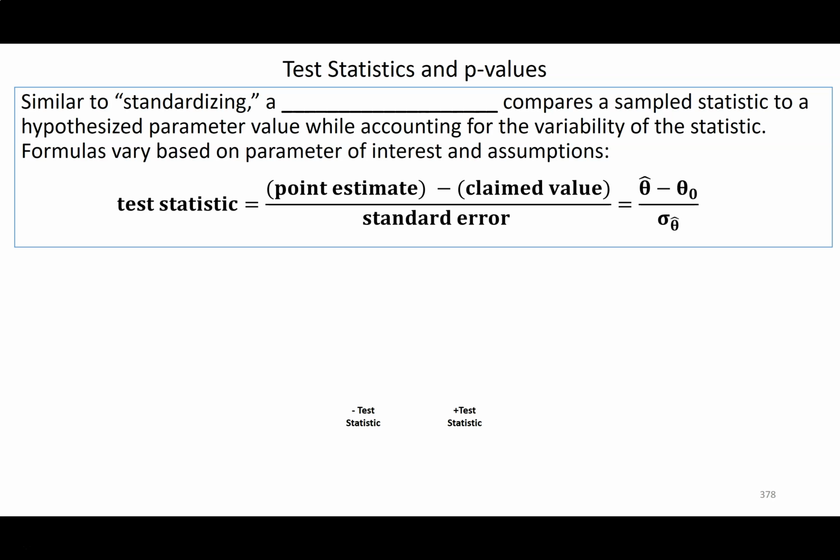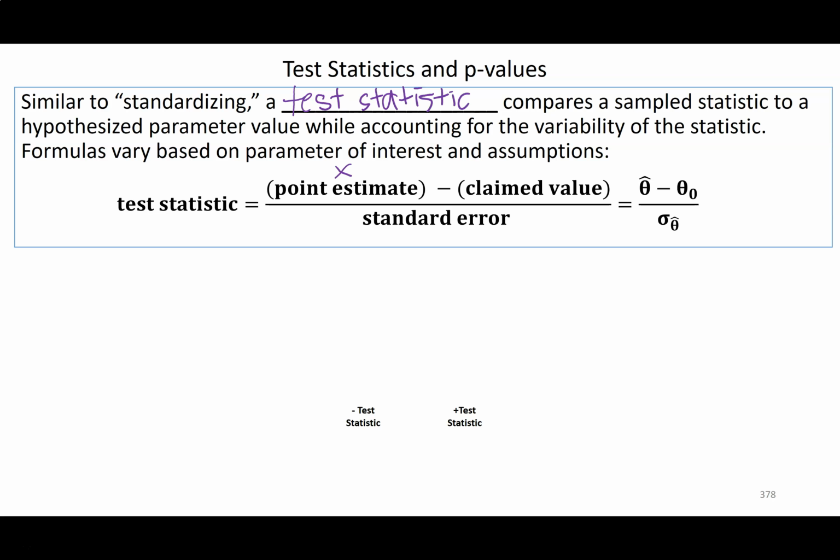So when we have our hypotheses, we go ahead and calculate a test statistic and find a p-value. It's very similar to standardizing. So here, a test statistic takes what we observed in the sample, our point estimate.